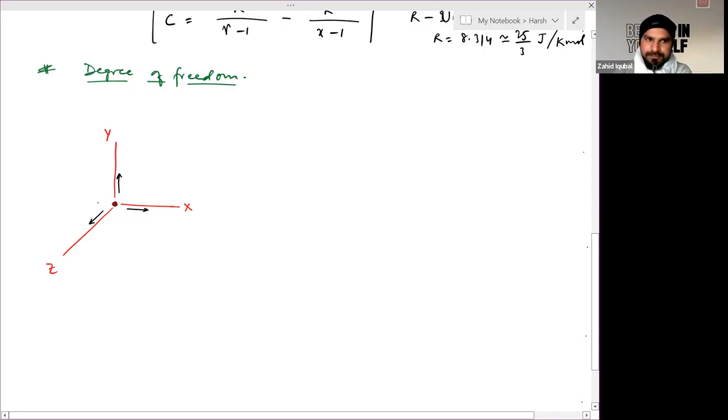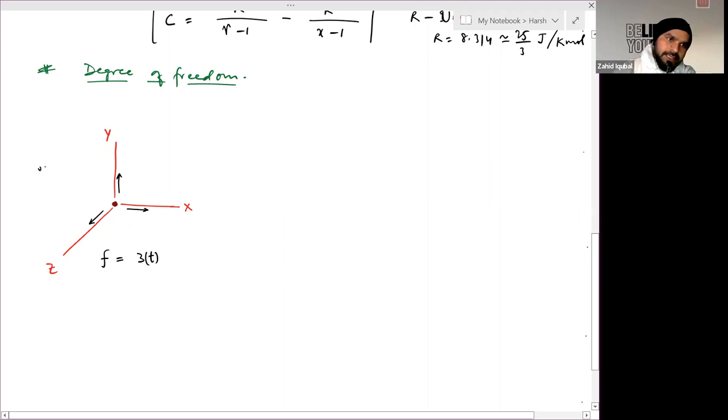Is it clear? Yes, sir. So the direction or coordinate along which a gaseous molecule or particle may contain energy is called degree of freedom. In this case, the total number of degrees of freedom is 3 and all are due to its translational motion.